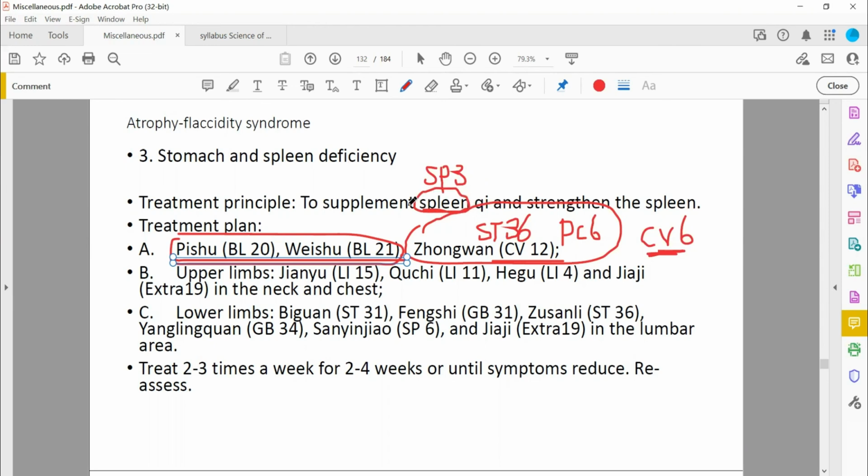Yuan qi, source qi, original qi. That's why it's called the yuan source point. SP6, yes. And this one is on the feet, right? So good for the lower limbs, especially if there's something wrong in the lower limbs, we can add SP3. SP6 can generally tonify the spleen.